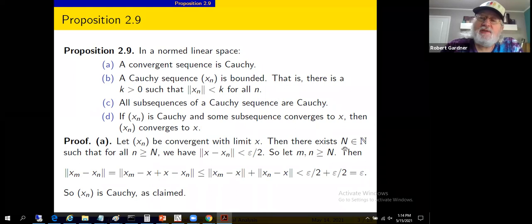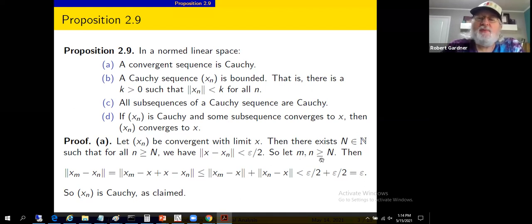That means there exists a capital N, a natural number, such that for all indices lowercase n greater than or equal to capital N, the norm of the limit value x minus the terms in the sequence x sub n can be made small. Let's choose small to be epsilon over 2 for a given epsilon.